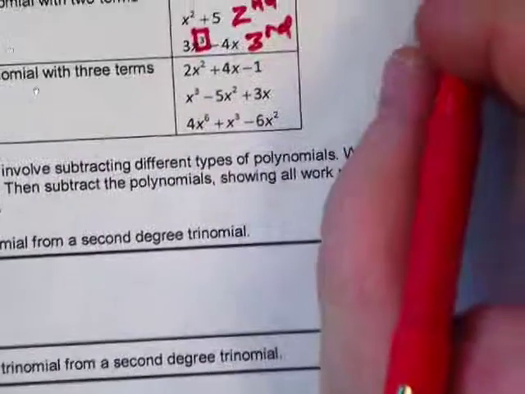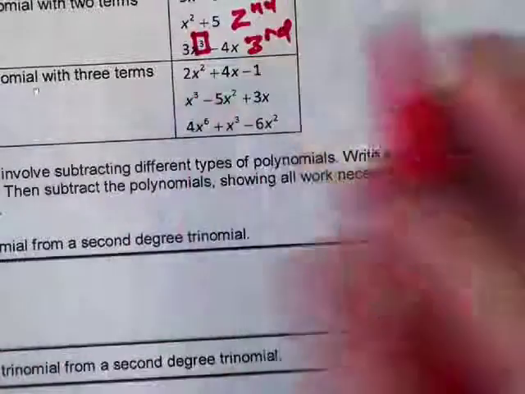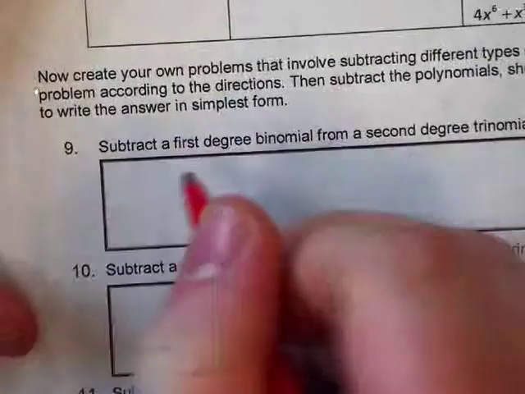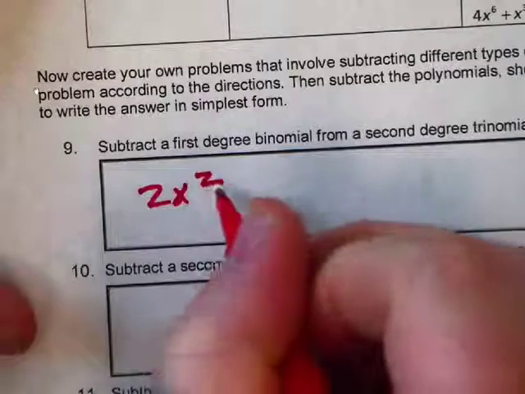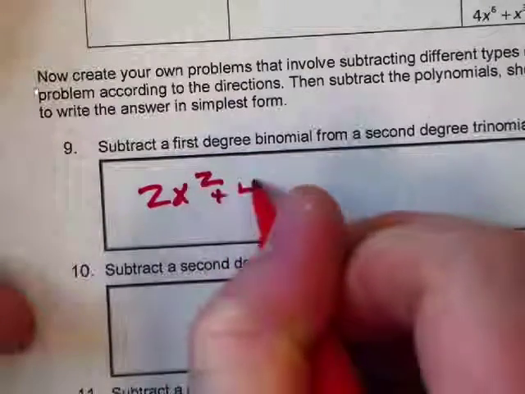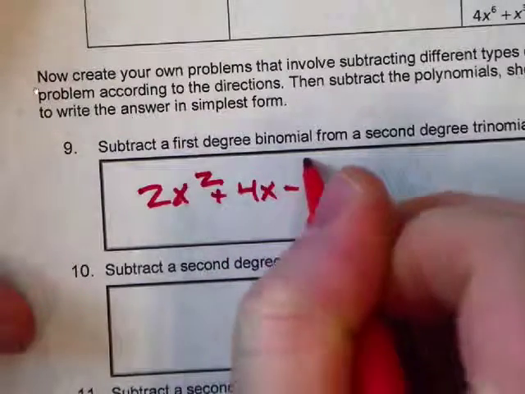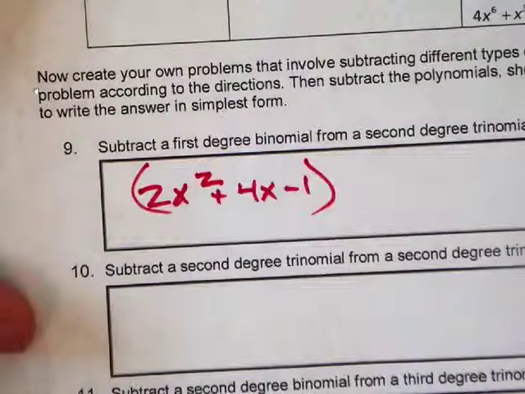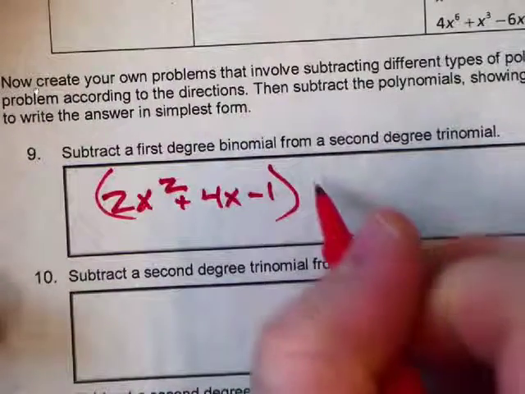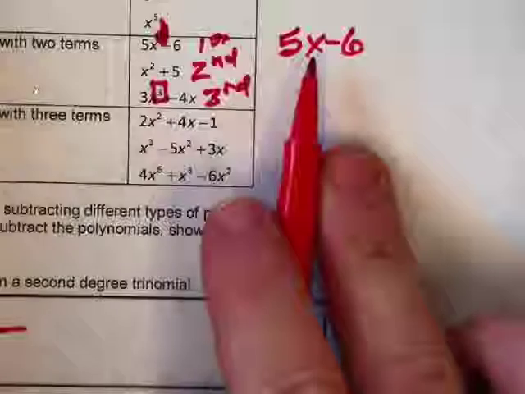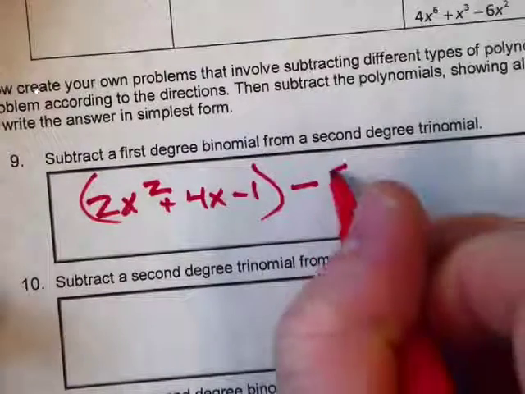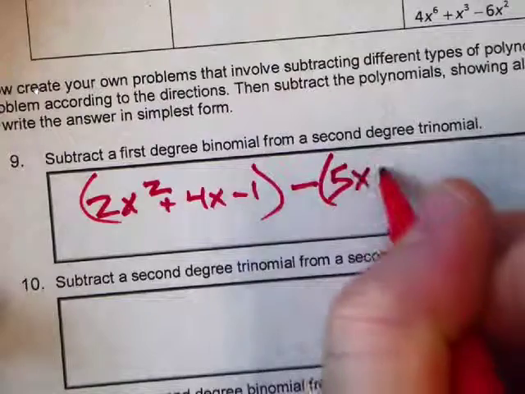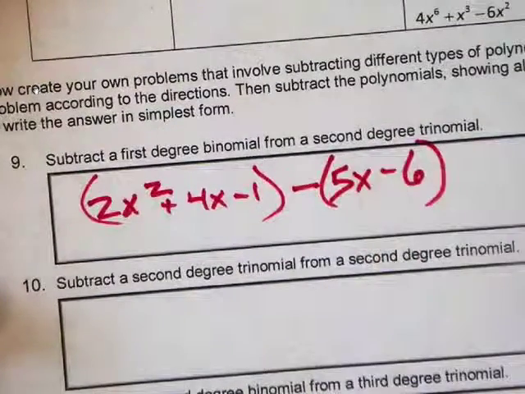So we go to a trinomial here, here's the second degree. So now we have, for example, 2x squared plus 4x minus 1 has to be in parentheses, and you subtract my binomial, 5x minus 6, and that has to be in parentheses.